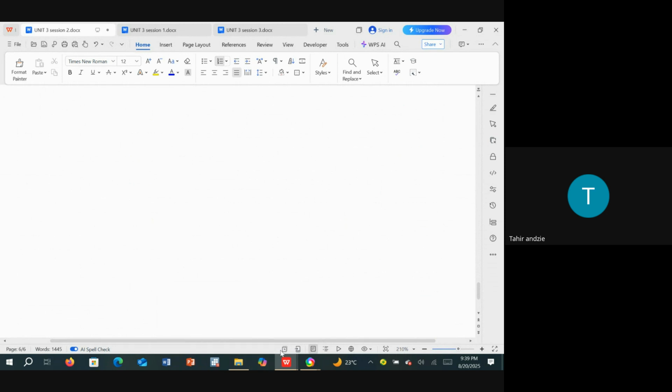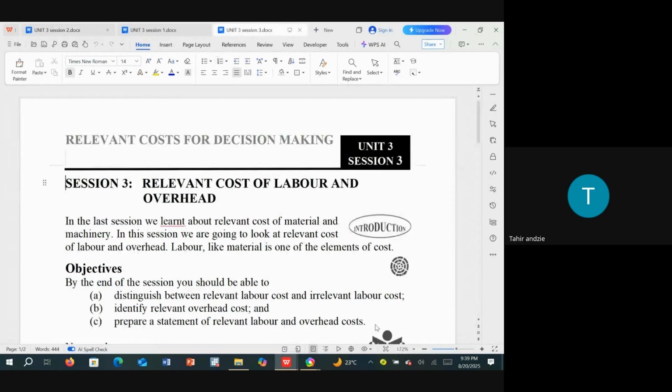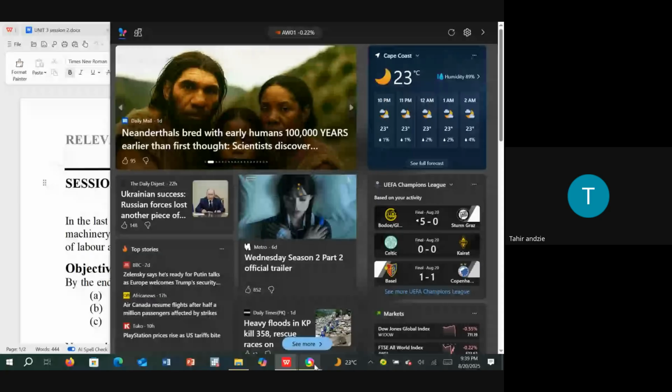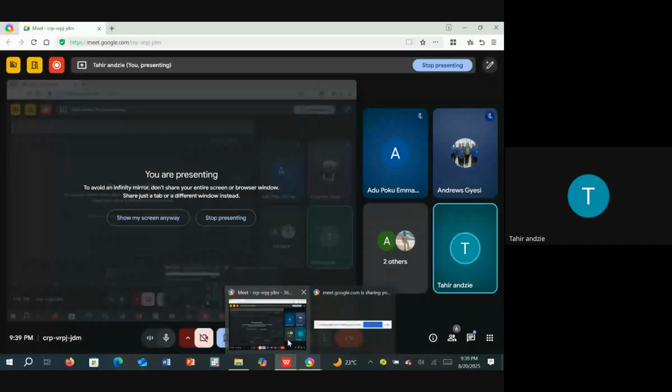Let us go through unit session 3, and then if we cannot continue, we can call it off, because it's like you are leaving. You started, you were about 10, now you have only 5 left, and it's not good for this to happen. I don't know why you are leaving, because the network is not disturbing. The network is on. So I don't see why you came and then you left like that.